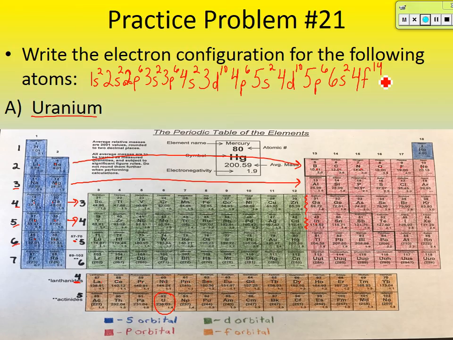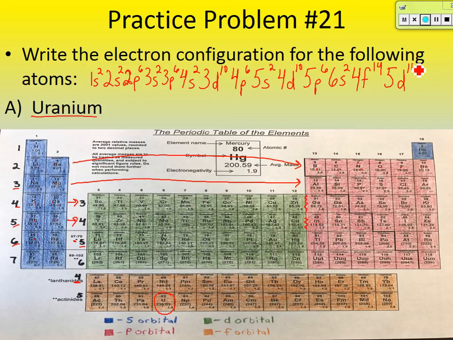Now we're at element 70. If we want to go to 71, we have to come back up here. But we're in the 5th energy level, so 5, and this is the d orbital. There's 10 across still, so we're going to put 10.